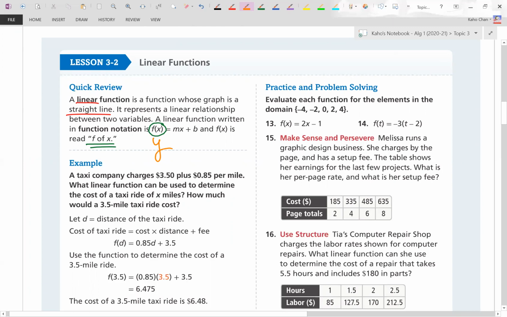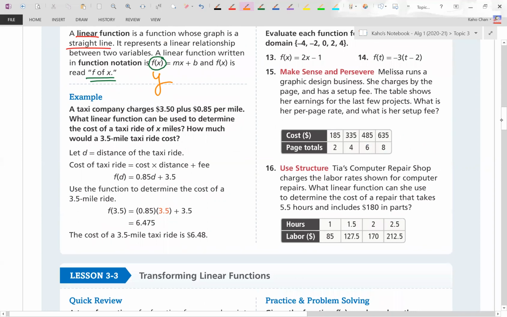X is the independent variable. Y is the dependent variable. The function depends on the x value. Often the example we have is a taxi company charging $3.50 plus 85 cents per mile. So the 3.50 is a fixed value.